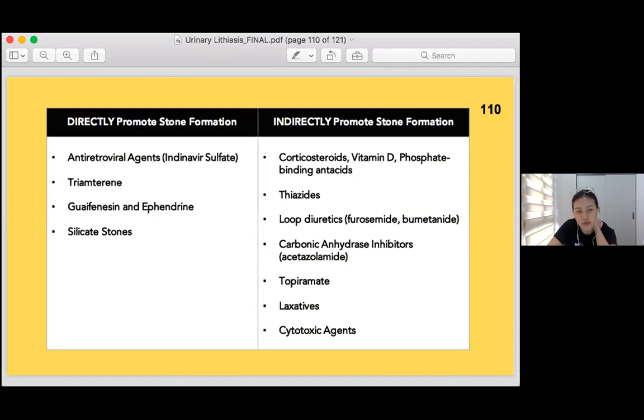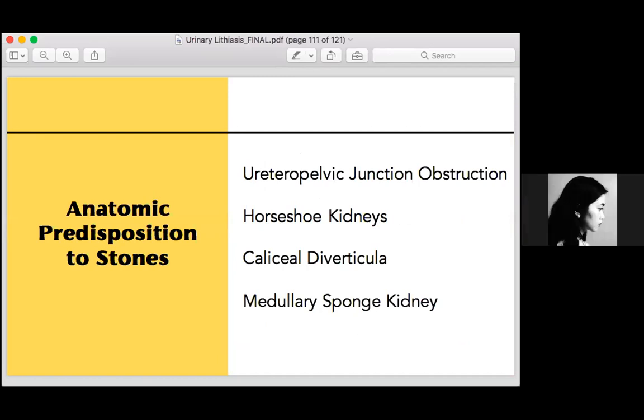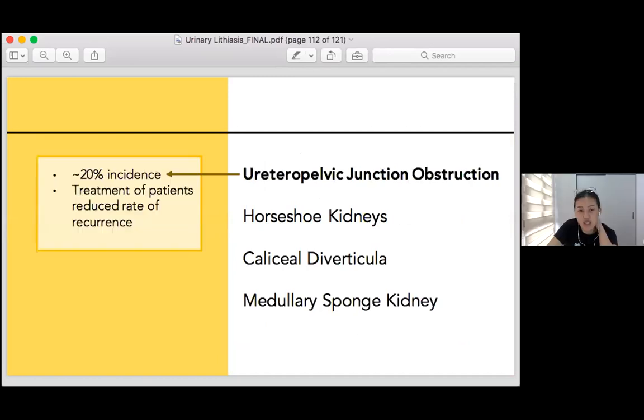and cytotoxic. So for the second to the last topic, anatomic predisposition to stones, anatomic abnormalities have been shown to increase stones either by increasing urinary stasis or by their metabolic abnormalities.